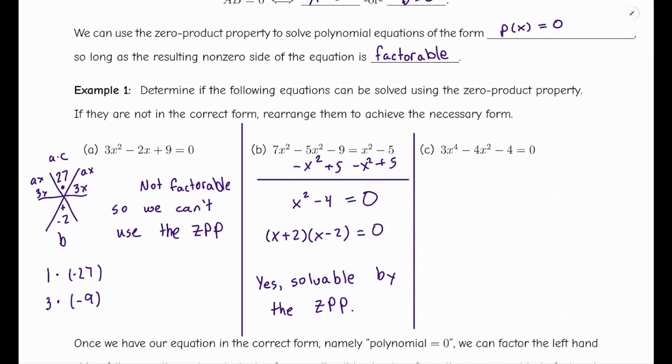Now we have 3x to the fourth minus 4x squared minus 4 is equal to 0. Now you might say, oh, we can't factor this because it's a fourth degree polynomial. It's not quadratic. But if you remember in class, we did talk about when this exponent is double that exponent, you can still factor it. So in this case, I'm still going to use the asterisk method.